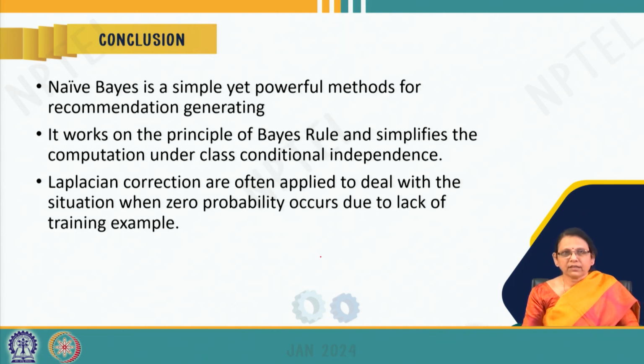So these are my conclusions. Naive Bayes is a simple yet powerful method for recommendation generation. It works on the principle of Bayes rule and simplifies the computation under class conditional independence. Laplacian corrections are often applied to deal with situations when zero probability occurs due to lack of training examples.